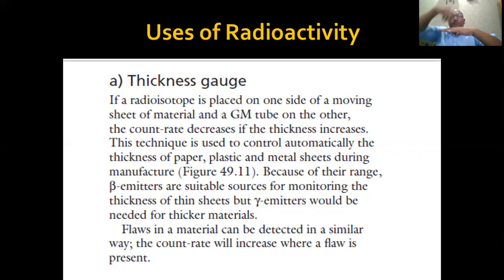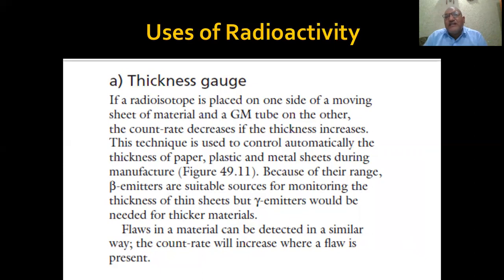On one side I put a source of beta or gamma particles, and on the other side I put a detector. That detector will check how much radiation is passing through that sheet of steel.